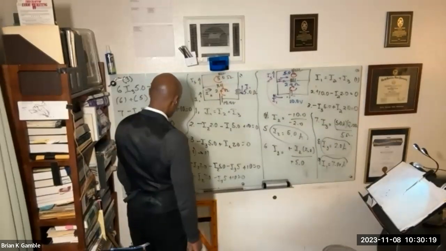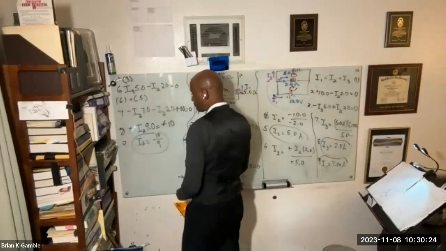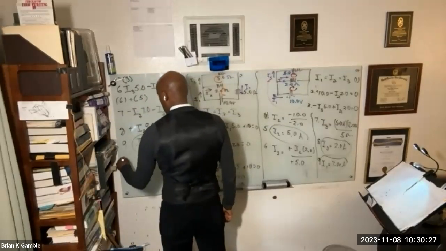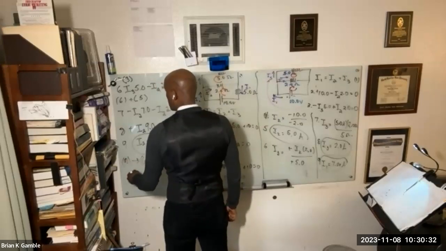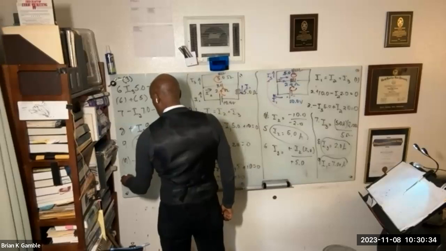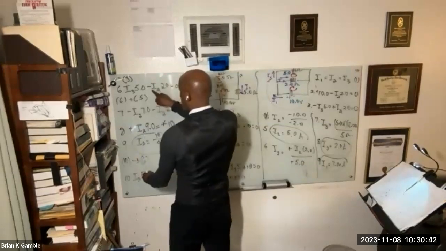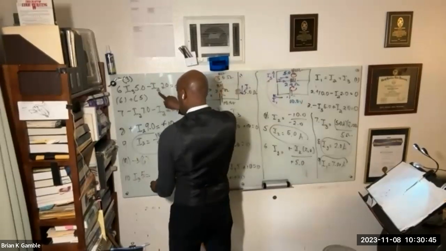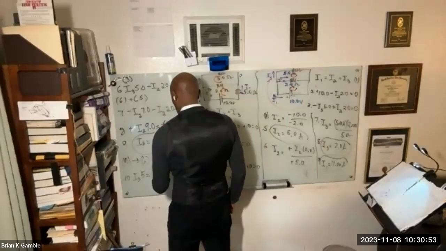I could put it back into this guy, and that's going to give me what I3 is. Actually, I'll put it back into here. So putting 10 ninths into 6, I'm going to have I3 times 5 equals, when I take that over, that's plus, and then I2 is 10 ninths, so I'd have 10 ninths times 2, and then divided by 5.